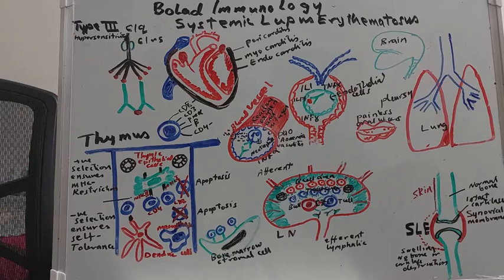Tolerance means unresponsiveness to self tissues, to self antigens, to self organs. So T cells originate from bone marrow.